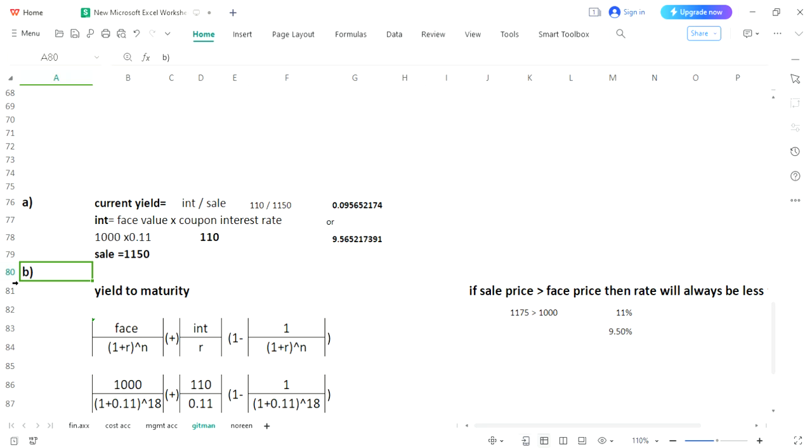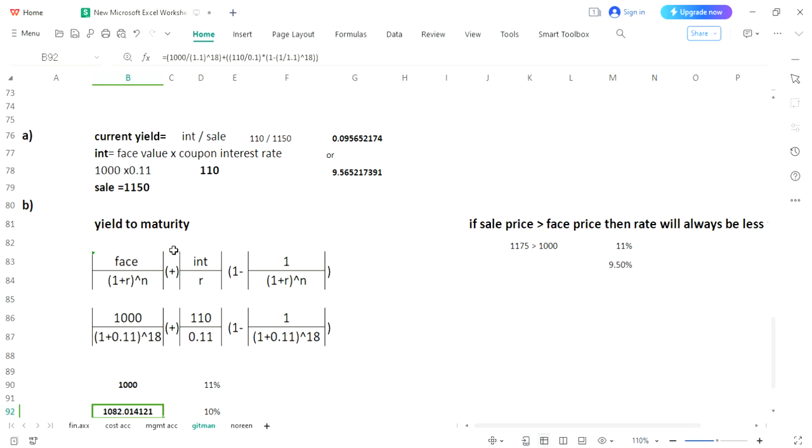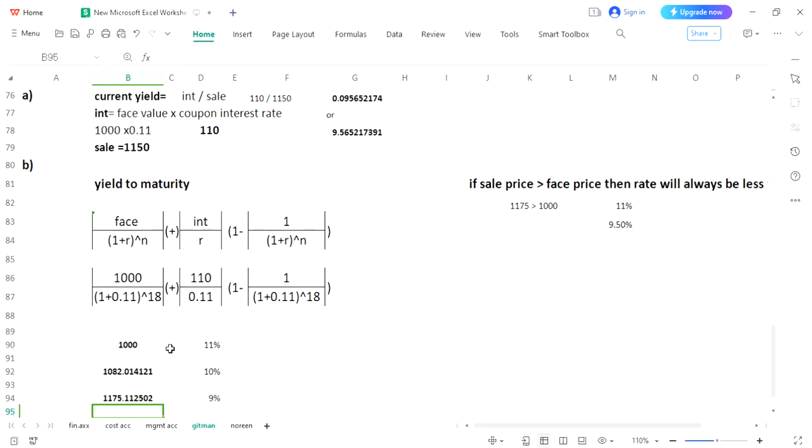The second part you have calculated is yield to maturity. For that purpose, we have used the same formula. Yield to maturity is the rate at which the value of the bond equals the sale price. So we have calculated 11%, where it equalized to 1000.